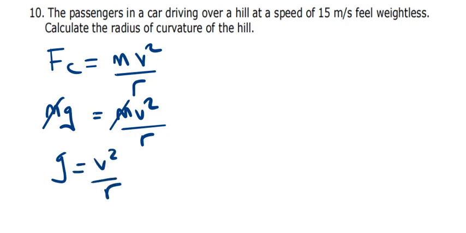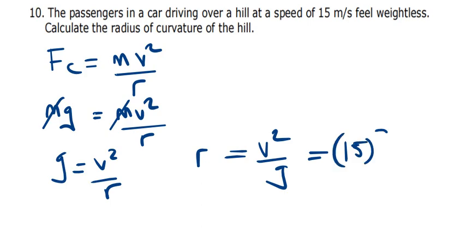Now that I've got that, I make r the subject of the formula, which is the one that we are finding. So it's going to be v squared over g. Now what is our v? We've been given that it is moving at a speed of 15 meters per second. I'm going to square it, divided by our acceleration due to gravity, which is about 9.8. I'm going to use 9.8, although others use 10, it's still fine.